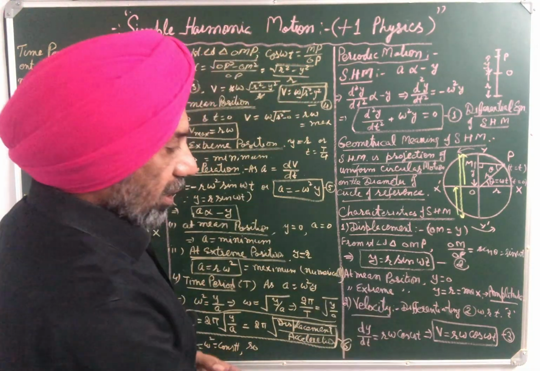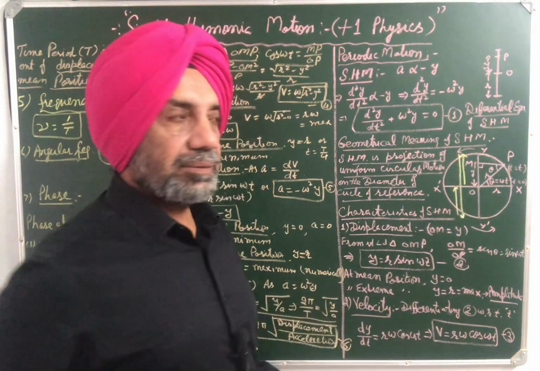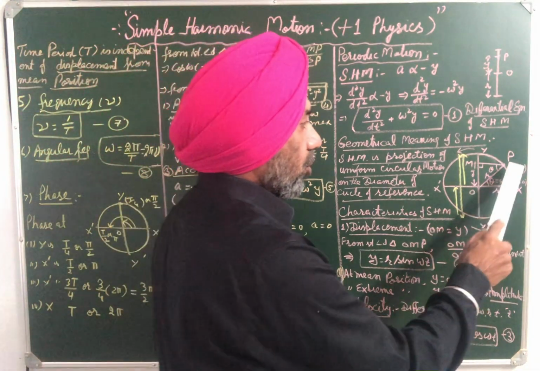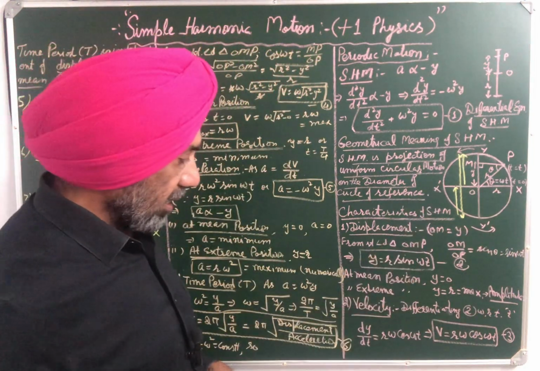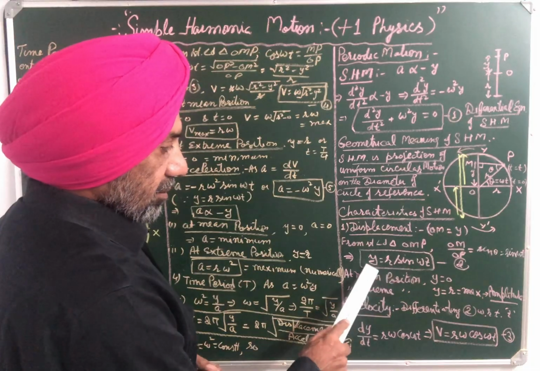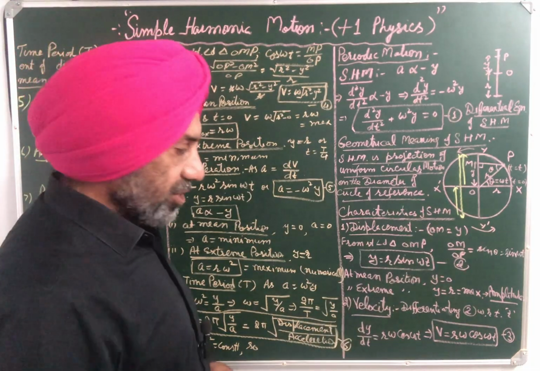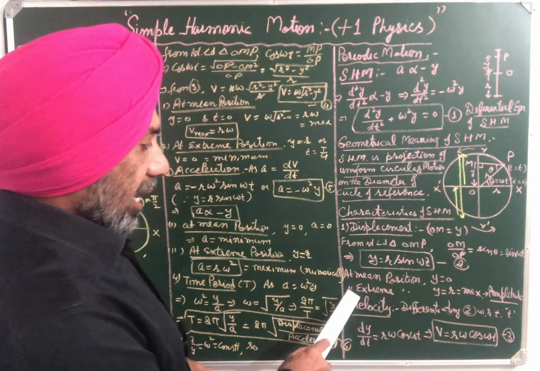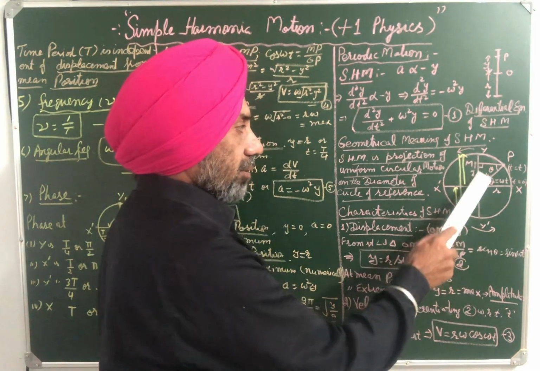Now at mean position, when particle M is at O or P is at X or X dash, then y will be equal to 0 at mean position, and at extreme position y is equal to r.